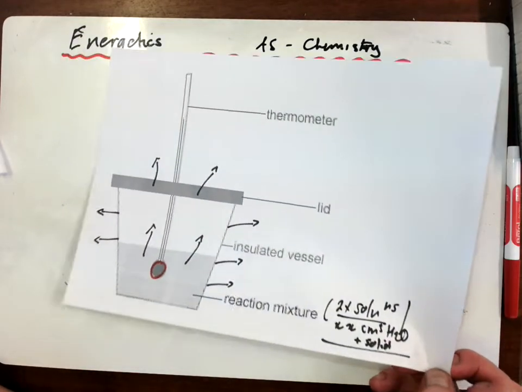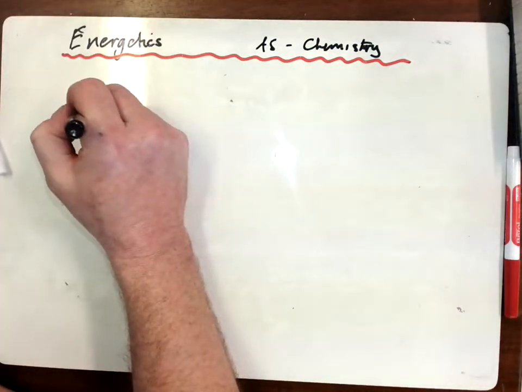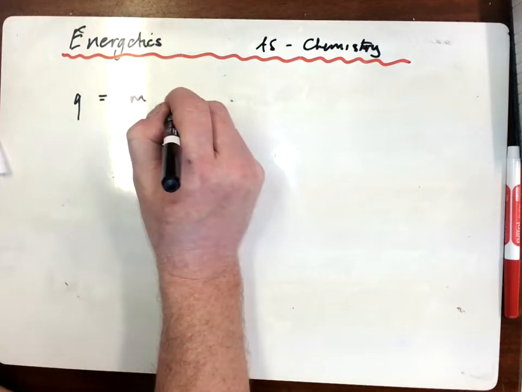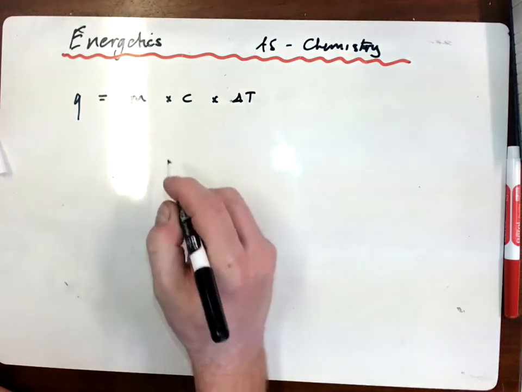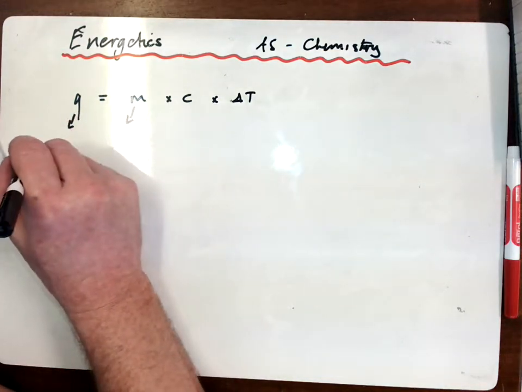Right, so let's have a look at how we actually do the calculation. The first calculation that we do when we carry out a reaction is Q equals M multiplied by C multiplied by delta T. So it's important that we know what these things are.